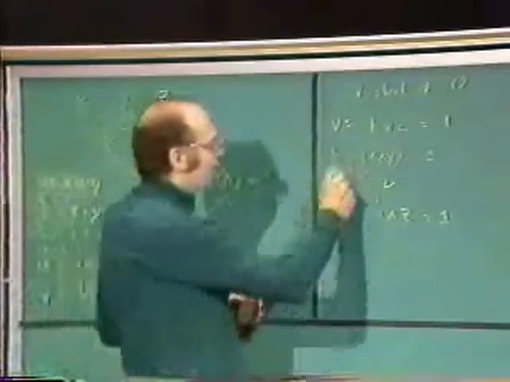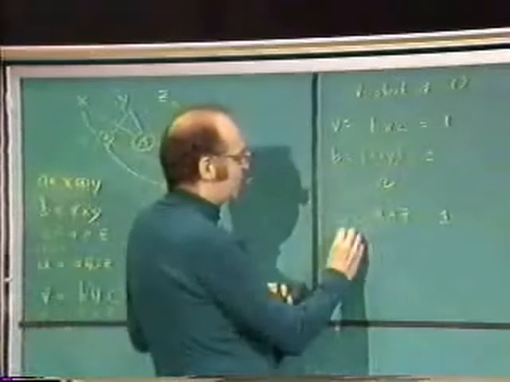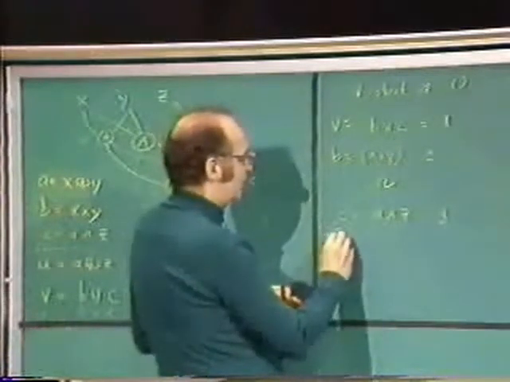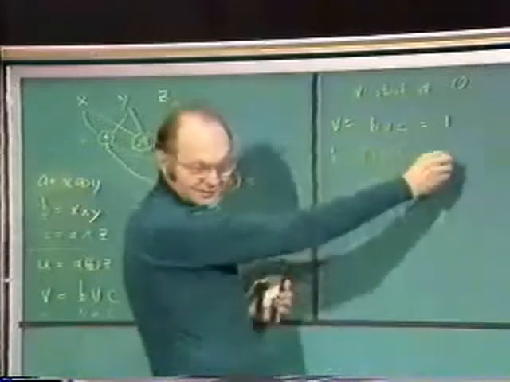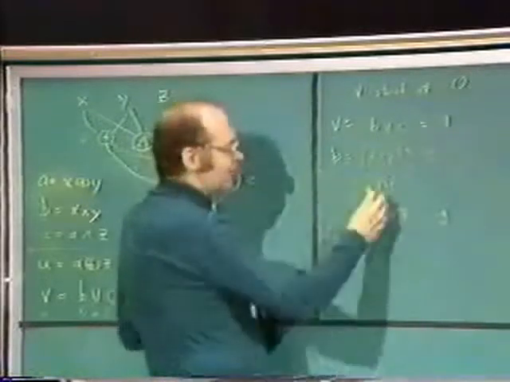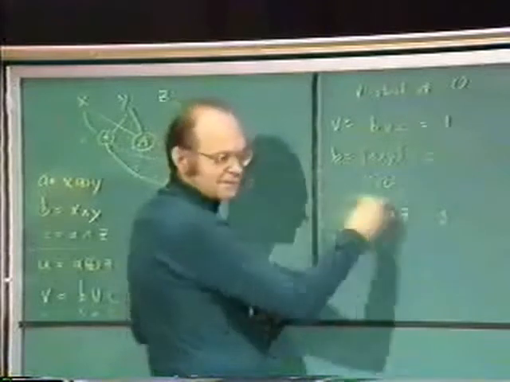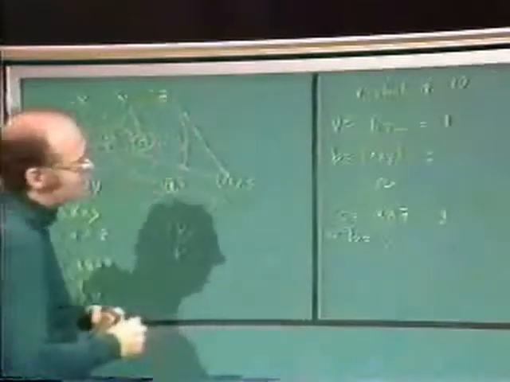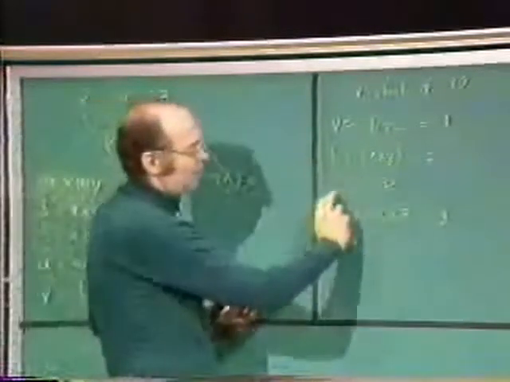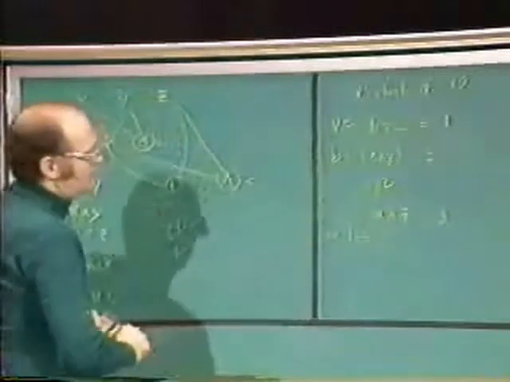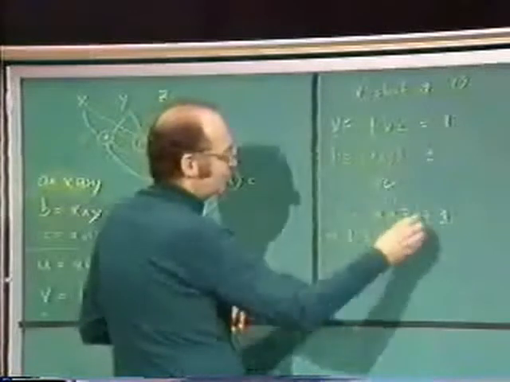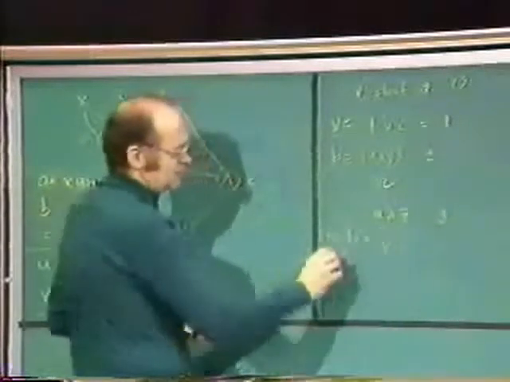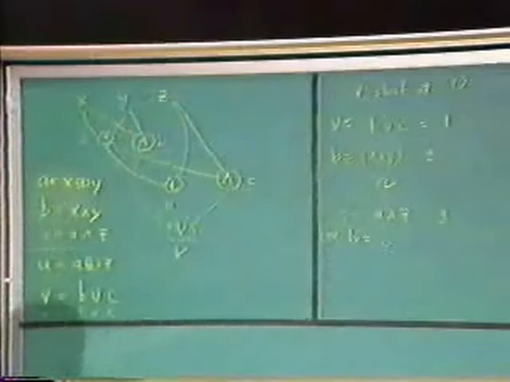Instead of this OR, I could say C is this and B equals 0, because I've already considered the case B equals 1. And so then this would be the exclusive or. I mean, it would be either this case or this case, but not both. But in this case, when C is 1, B is equal to 0. So in this particular circuit, the two things are mutually exclusive.